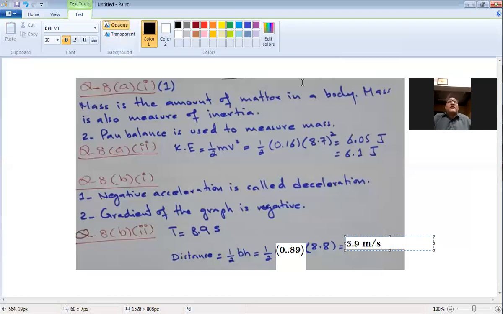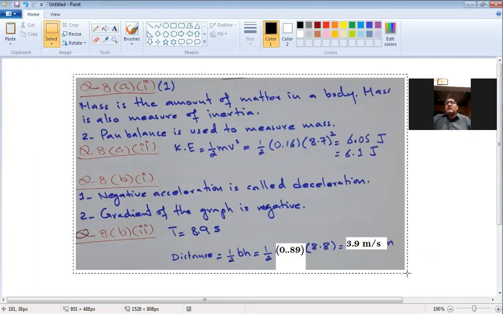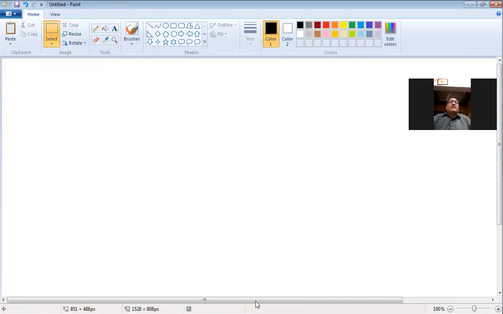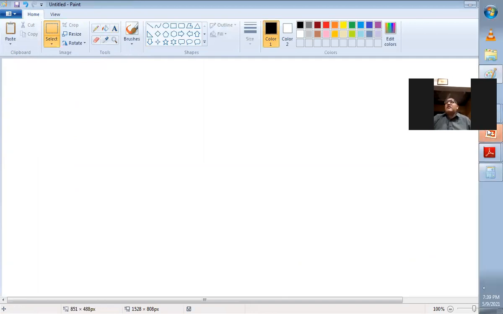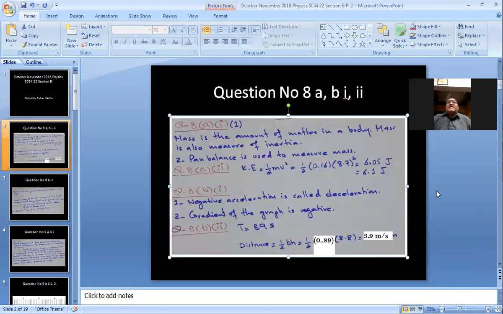Let me make it opaque. And this is the right answer. So I made a mistake here, and hopefully this is corrected now. That's why we always say it's very, very important that you check your marking scheme.